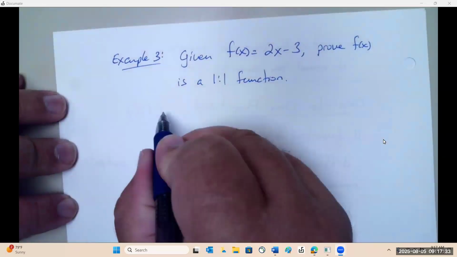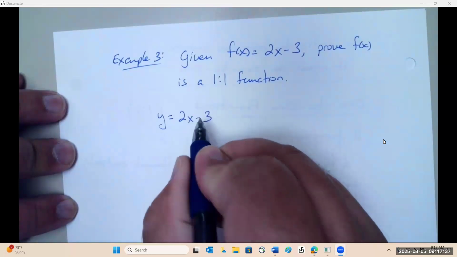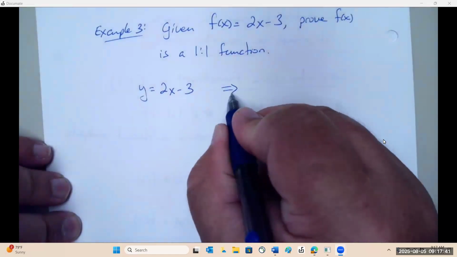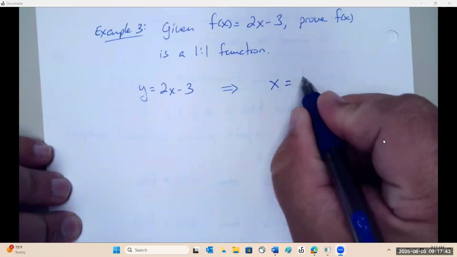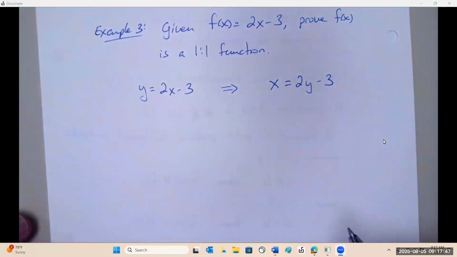So we have y equals 2x minus 3. Switch x and y and solve for y.